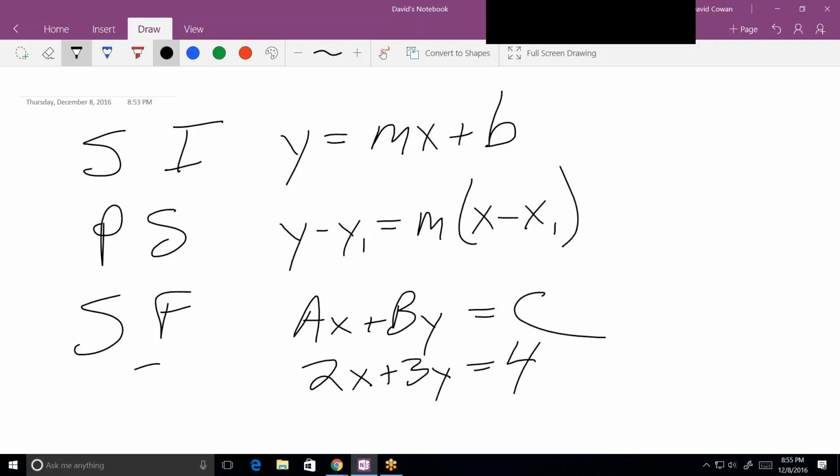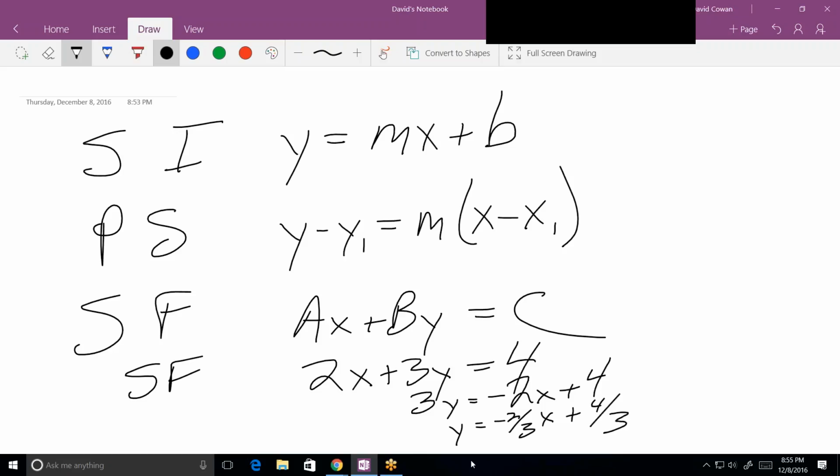Well, that's in standard format, and you could put it into slope-intercept by just solving for y. So I would move the 2x over, and I would have 3y equals minus 2x plus 4. Divide both sides by 3, and you get y equals minus 2/3 x plus 4/3.